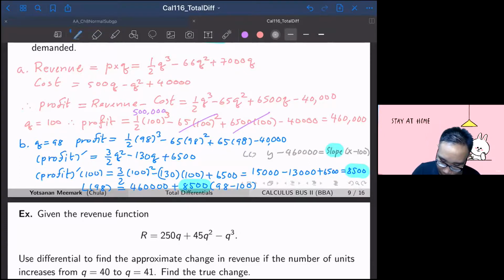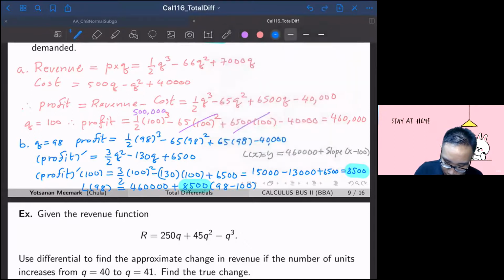So you're going to get L(x) equal to y, equal to the value plus the slope, and you have L at 98 equal to 46,000 plus 85,000 times 98 minus 100. You have this times this, and you see that this one can be calculated.